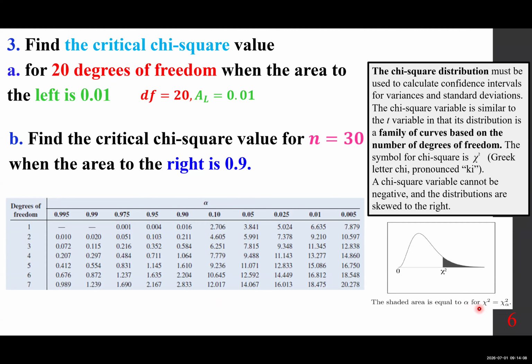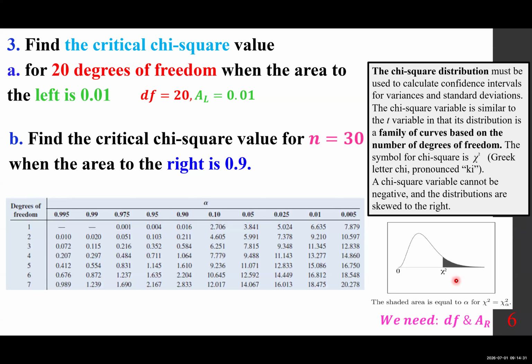We need degrees of freedom and area to the right. So going to this question, degrees of freedom is given. You don't have to calculate it as n minus 1. And A sub L, area to the left, is given. Okay. So what we want is the degrees of freedom, which is given, and we need the area to the right.